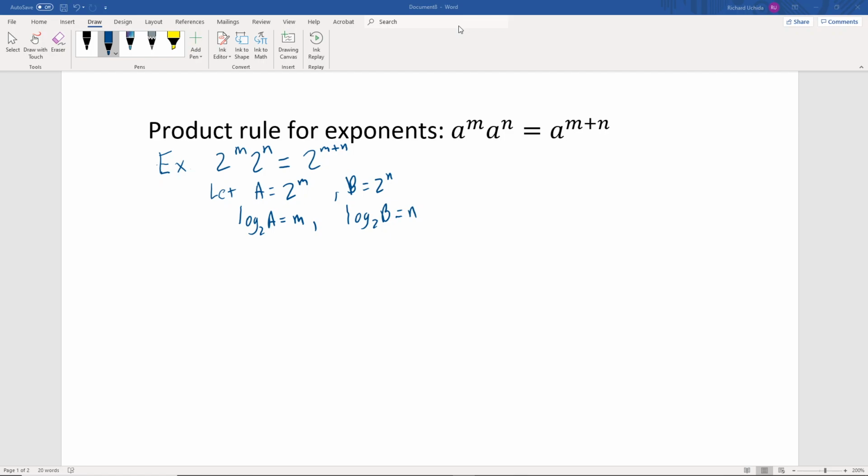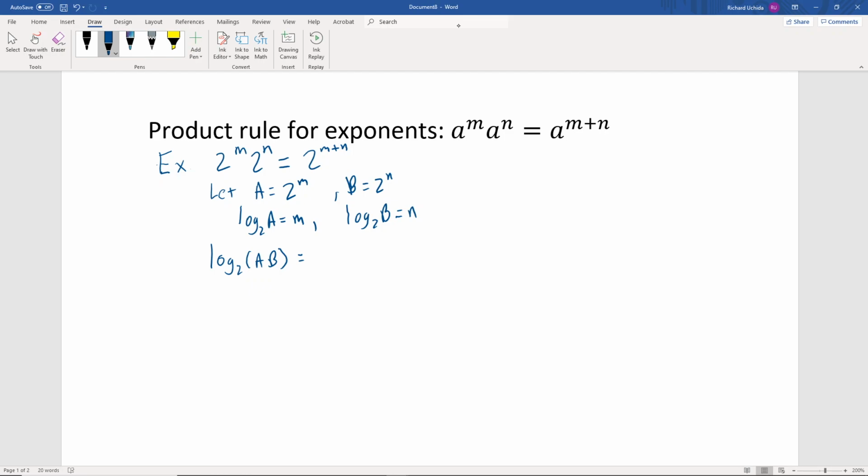So by this, we know that if we have log base 2 of a times b, so if we're taking the log of the product of a times b, then that's equal to, well, we know a times b is 2 to the m times 2 to the n. So what is the power we need to raise 2 to to get that product?